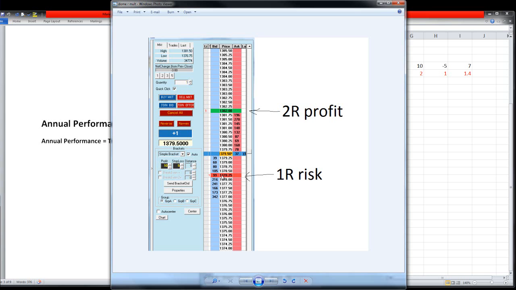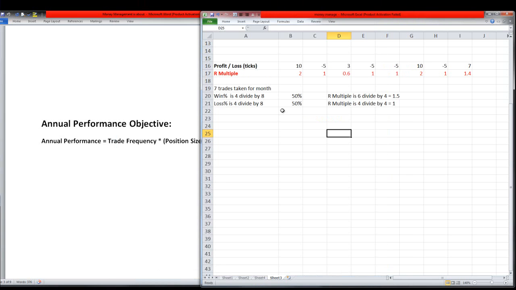Based on the fact that we're prepared to risk 5 ticks, what we make or lose is how we can work out our R value. In this particular case, we've made 10 ticks, so that's twice as much as what we're prepared to risk. So that's 2 times what we risk, a 2R trade. Here we've lost our full potential, a 5 tick loss, so it's a negative 1R trade.